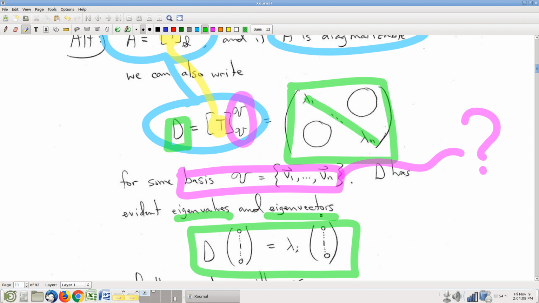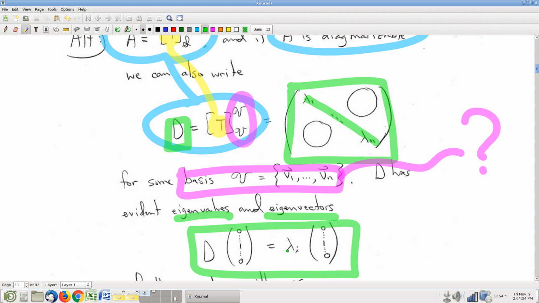We went through this last time. One of the really nice things about diagonal matrices is that their eigenvectors and eigenvalues are pretty straightforward. Whatever these diagonal entries are are the eigenvalues, and the standard basis vectors are always the eigenvectors.